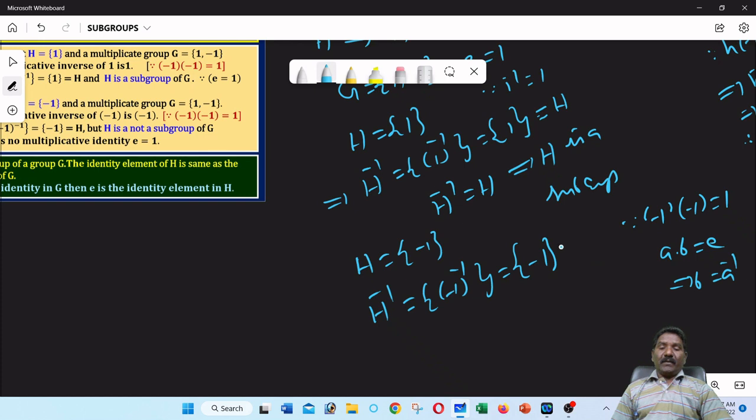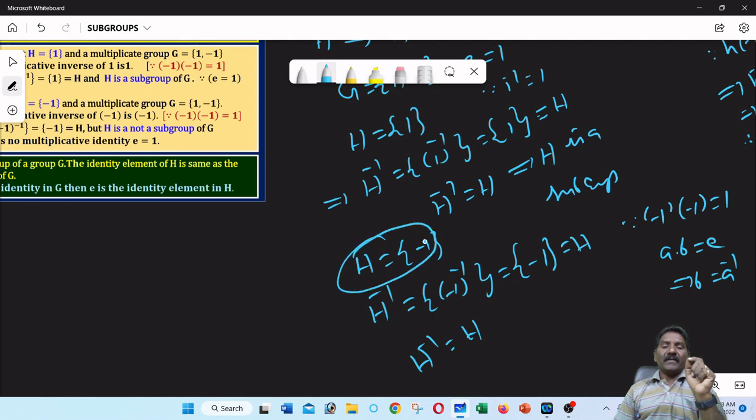H inverse equal to H. Here H inverse equal to H, but H is not a subgroup. H is the set {-1}, but H does not contain an identity element, E is equal to 1. With respect to multiplication, identity element E is equal to 1 must exist in a subgroup. So H is equal to {-1} is only a complex but not a subgroup.